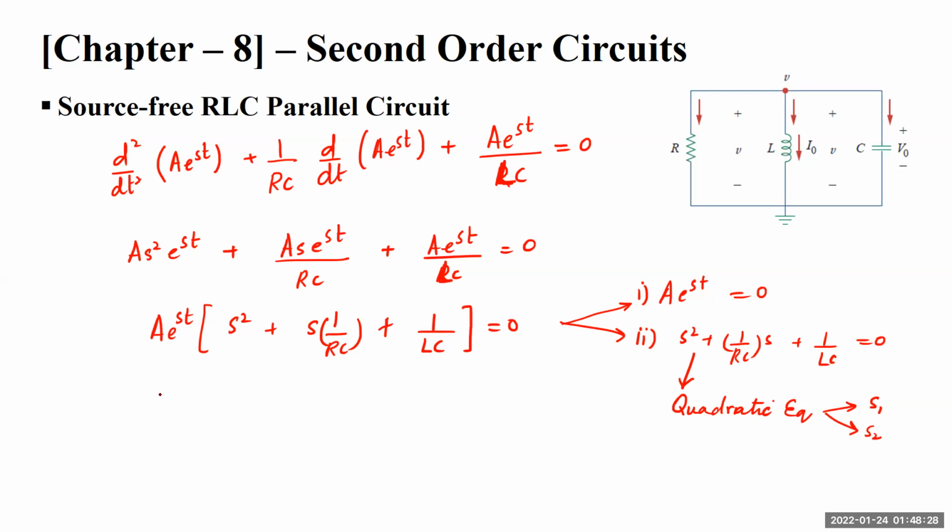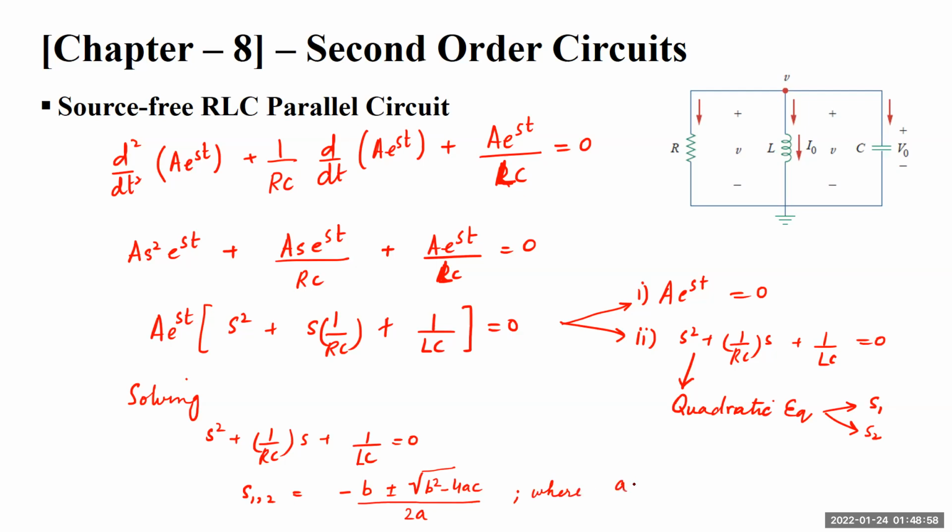We know that for solving s squared plus 1/RC times s plus 1/LC, the solutions for a quadratic equation, s1 and s2, will be minus b plus or minus the square root of b squared minus 4ac, over 2a, where a is equal to 1, b is the coefficient of the second term, 1/RC, and c is equal to 1/LC. Remember, any quadratic equation can be written as a s squared plus b s plus c equals 0, and this is the generic form of any quadratic equation.